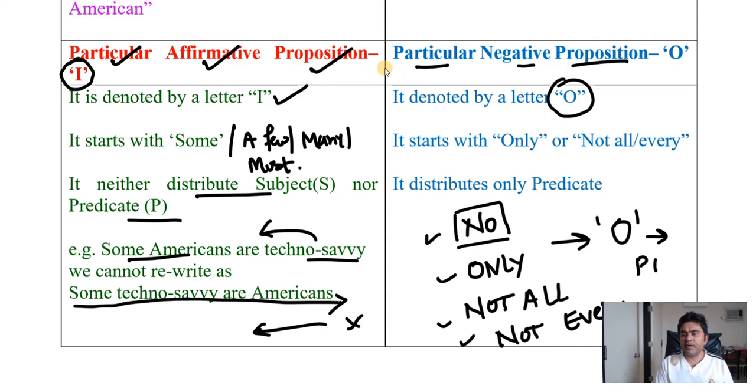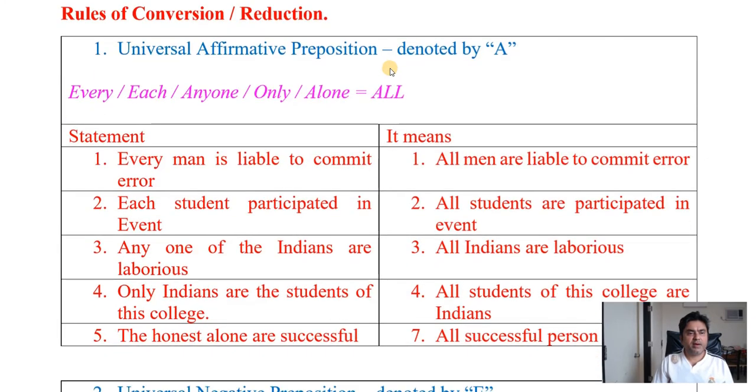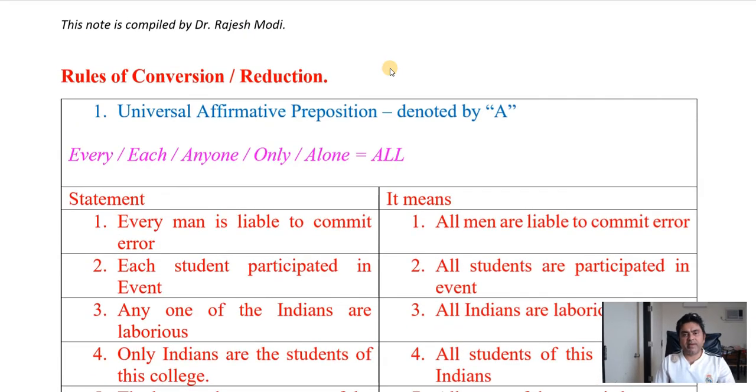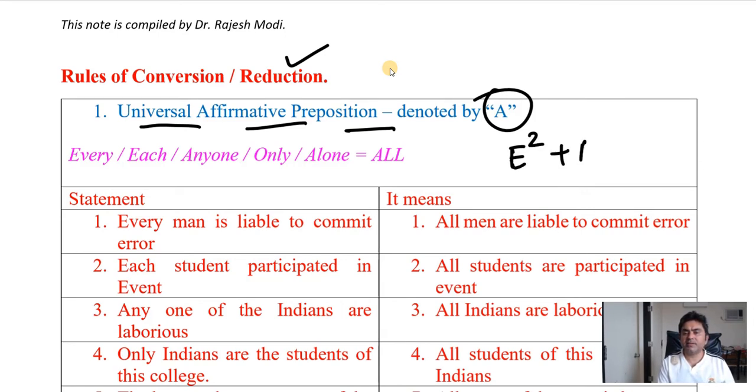Now there is a direct way to convert sentences from one form into another form. So let's say the rule of conversion or reduction. When there is a universal affirmative proposition, what you have to remember: each, every means it is A, anyone, alone, all, and only.